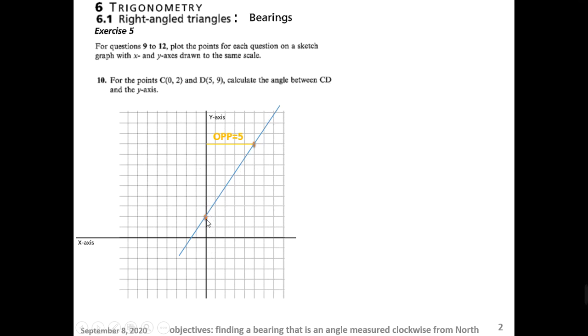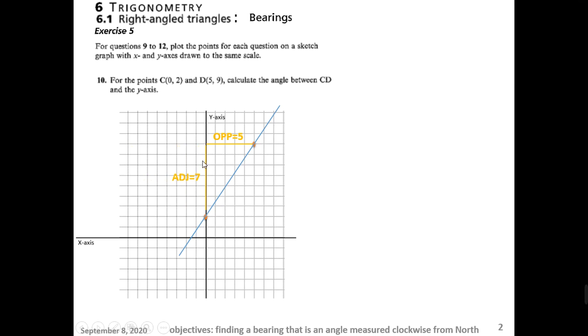So if this is our C, this is D, this is line CD, and the intersection with the y-axis, this is the angle that we're looking for. This side is 1, 2, 3, 4, 5 units long, and it is opposite to the angle that we are trying to find.